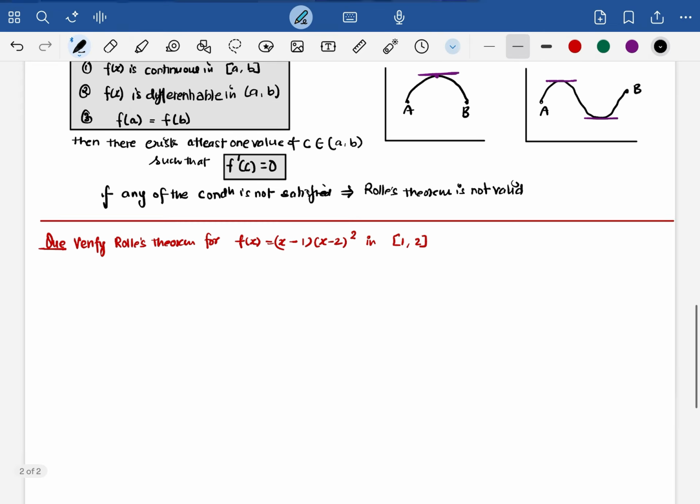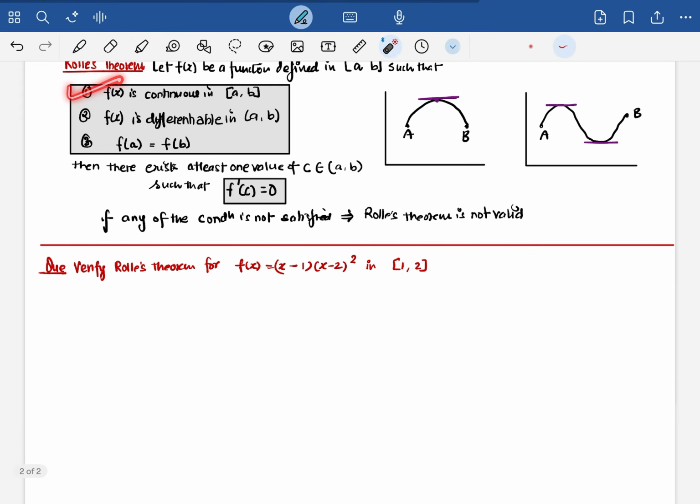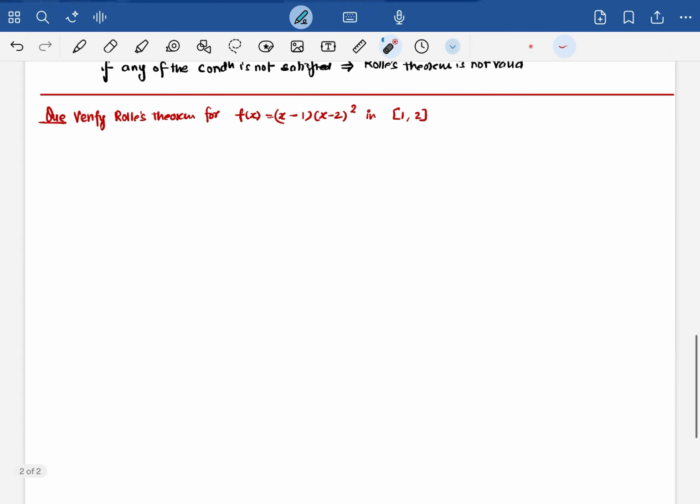Okay, so what are the three conditions it should satisfy? It should be continuous in nature, it should be differentiable, and the values at the end points should be equal. Let me describe this question from an academic point of view, because you have to score marks in the semester examination.